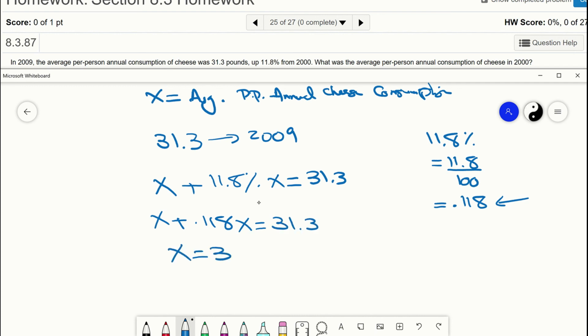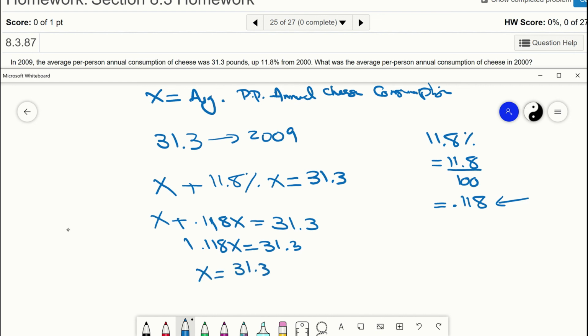Actually, correct that. These two are like terms. We need to combine them. So 1x right here plus 0.118x. So we get 1.118x equals 31.3.